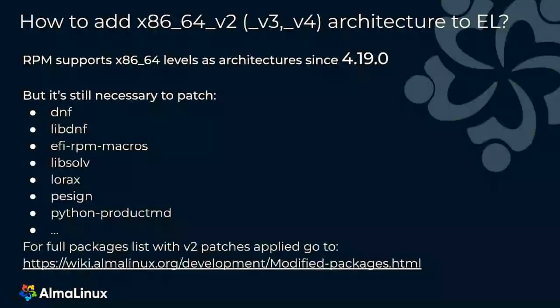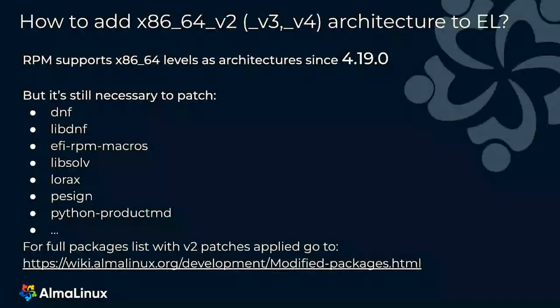So we have to patch about 20 packages right now to make it work, especially DNF, libdnf, libsolv, rpmsign and so on. We patched a lot. We don't have time to discuss all of them, so we have a page with modified packages where you can check the list, commits, and so on.